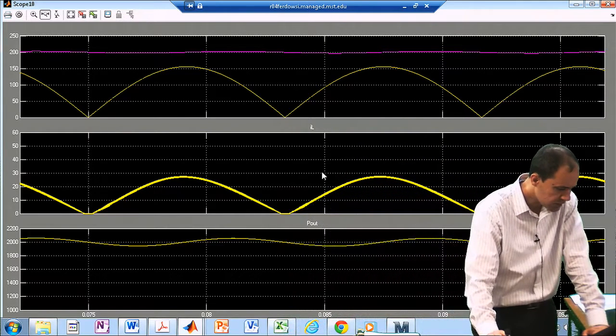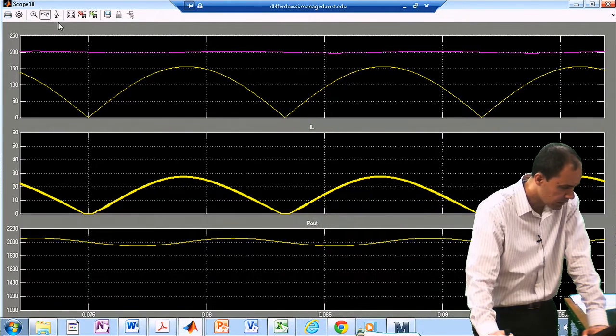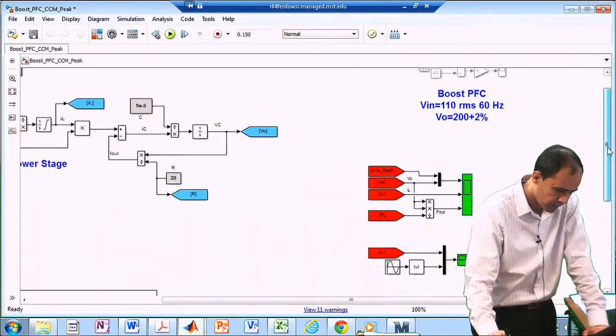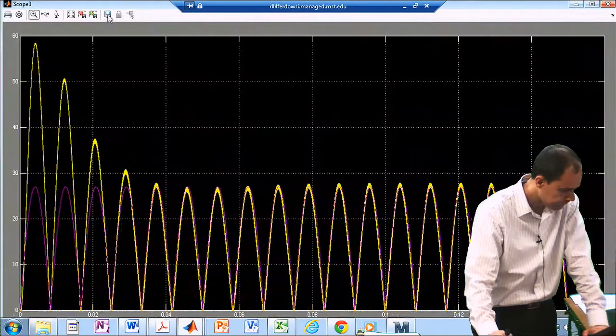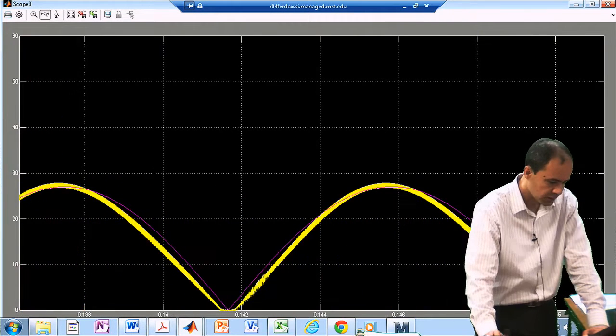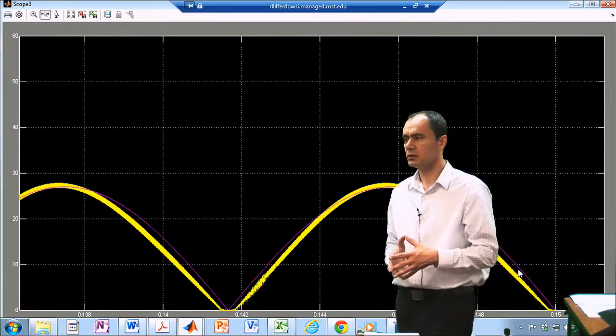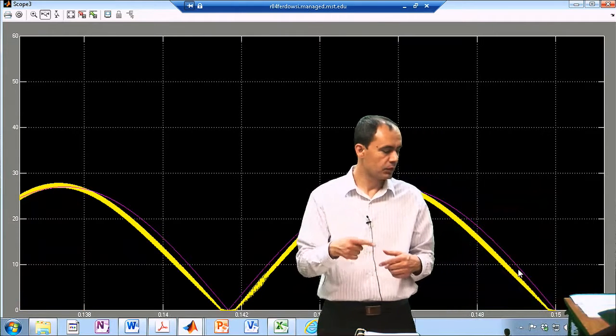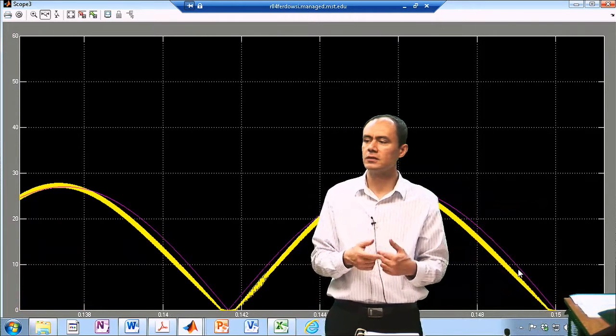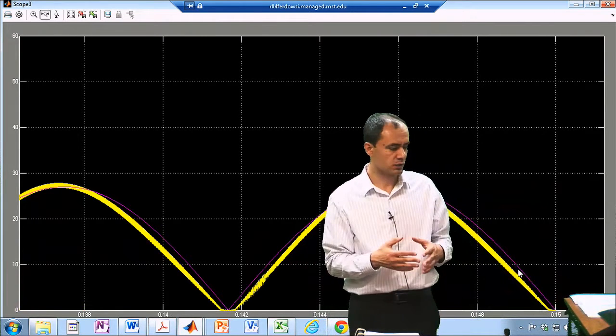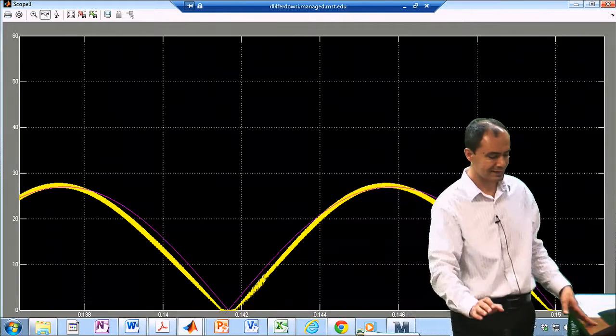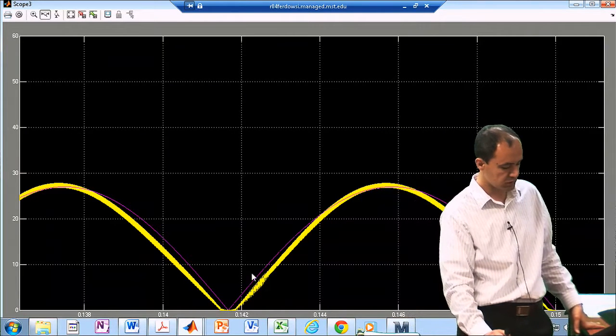There are several things that you are going to realize about this current. This is again your inductor current, which is the yellow trace, and I have plotted something proportional with the input voltage so that in an ideal form, the red one is the ideal rectified sinusoidal signal.